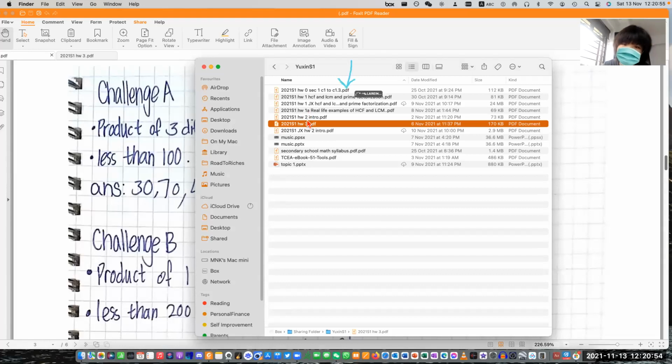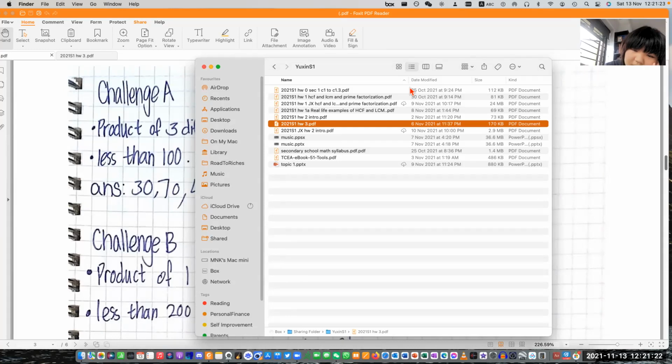Then homework 2, and then homework 3. So you should be at homework 3. Homework 0 is our first lesson. And you can look at the date. It's 25th October. You're not supposed to do that one. You understand me or not? So progressively, you should be doing homework 4, homework 5 in the future.